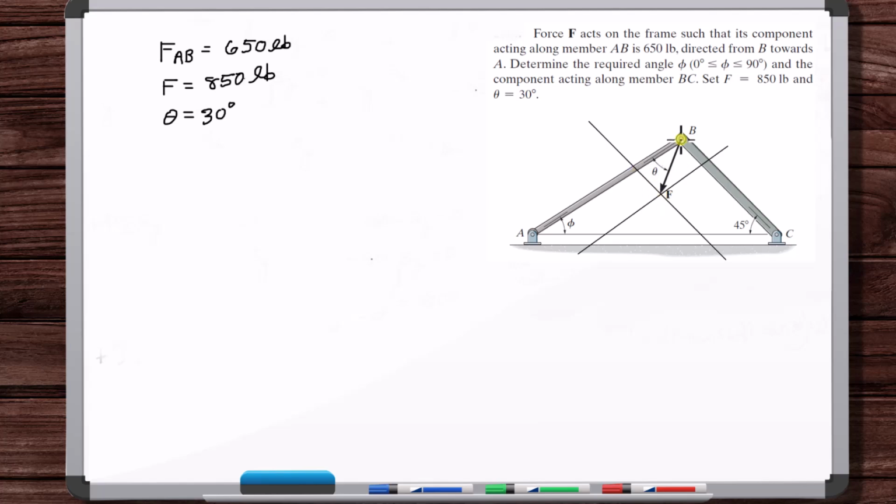So we walk along this axis and then along this axis. The length of this line is 650, the length of this line we're trying to solve for, and the length of this line is 850.